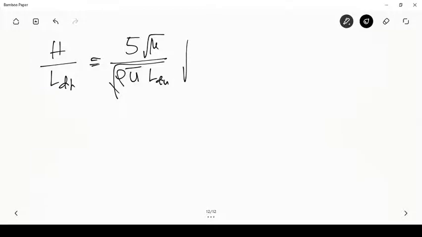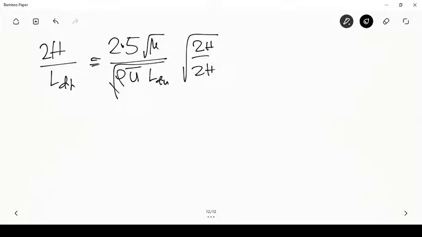Multiplying here also by 2h, there will be a 2 into 5 that you get.